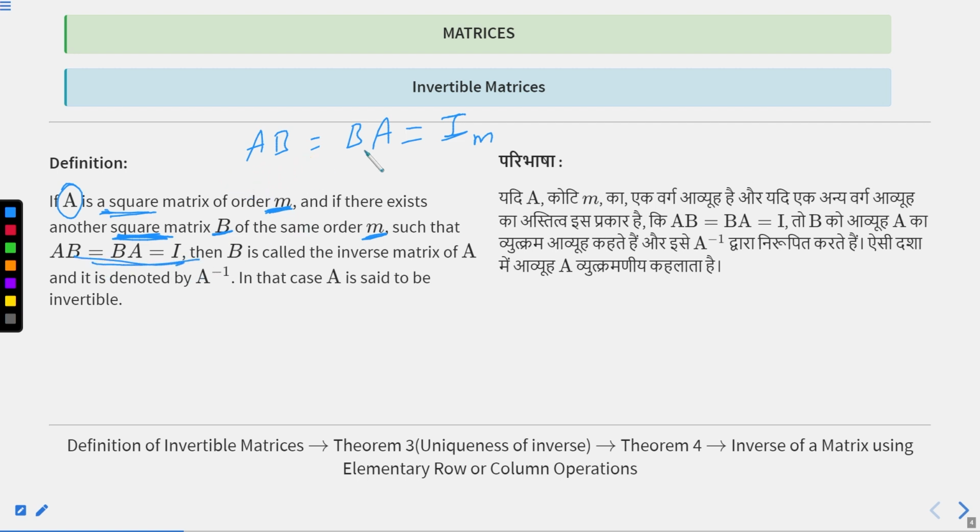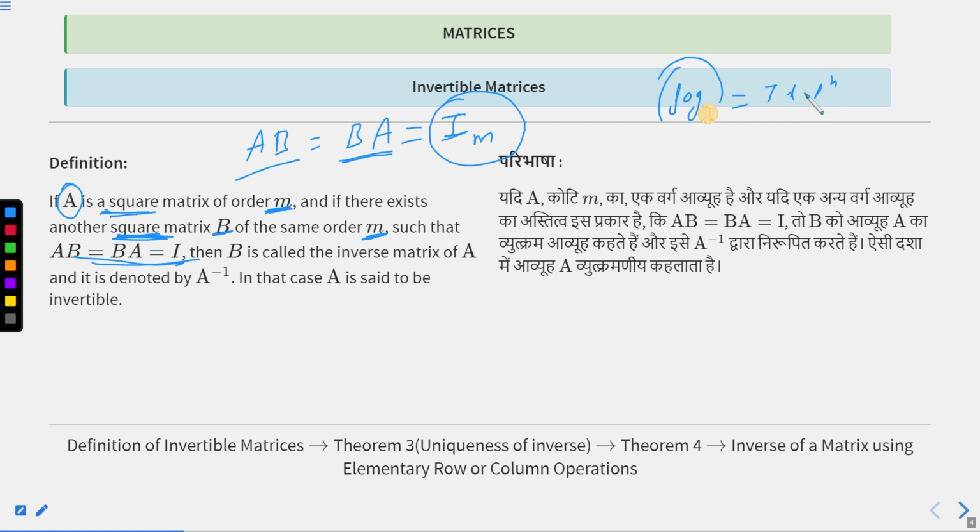As you saw, in functions you can see analogies: in functions we did composition, here we are doing multiplication, and as the output we get the identity matrix here, and there we got the identity function.